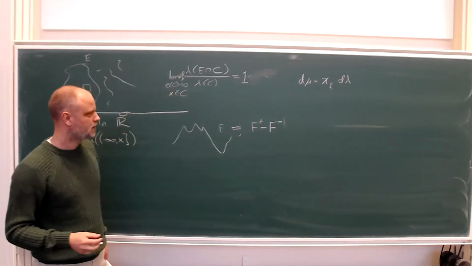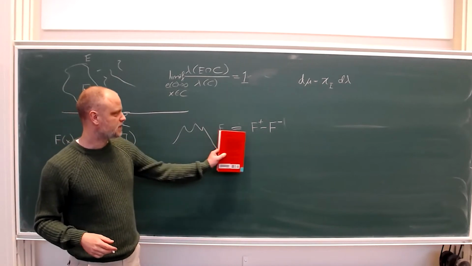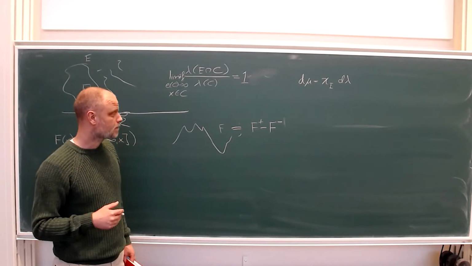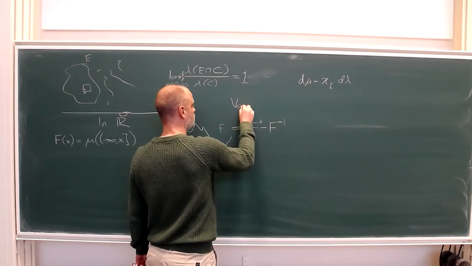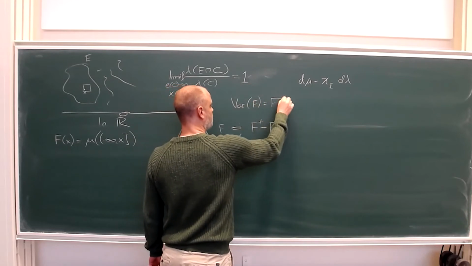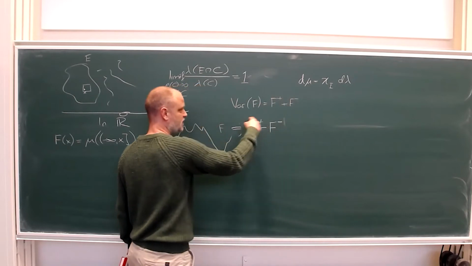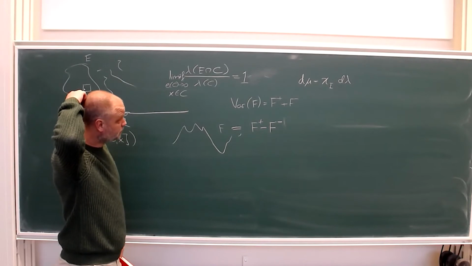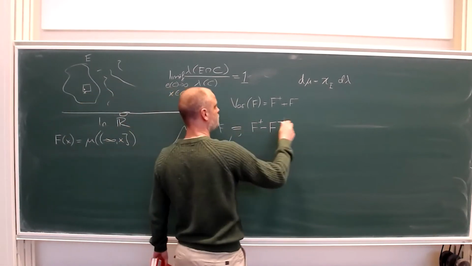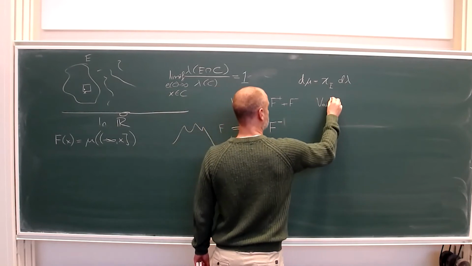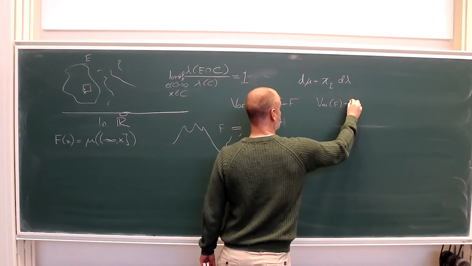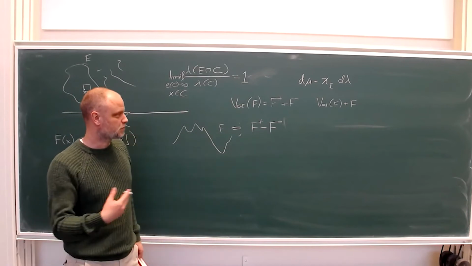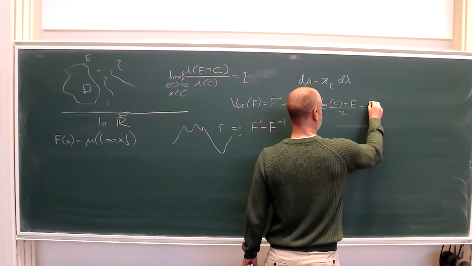This function here is the variation of f until the point x. So the variation of f was equal to f plus f minus, if this is some sort of minimal decomposition. You take the variation plus f, and then you divide by 2; that's how you define your f plus.